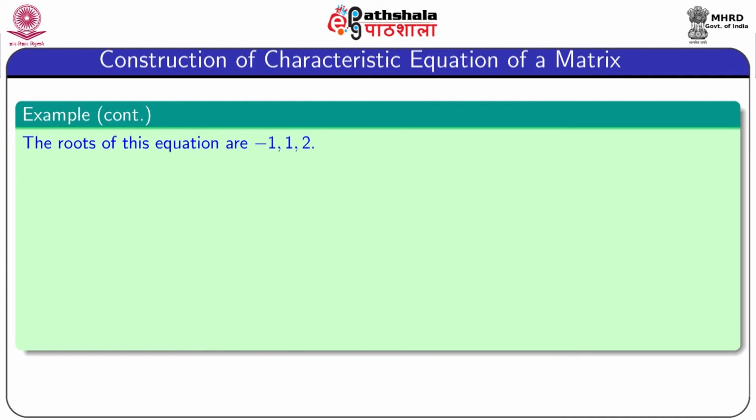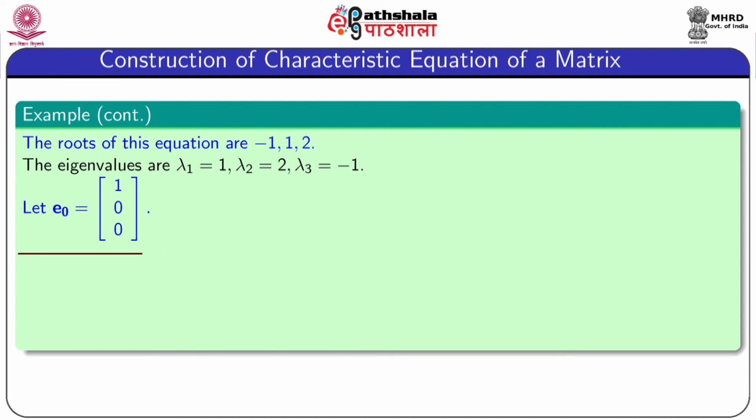And the roots of this equation are minus 1, 1, 2. Therefore, the eigenvalues of the given matrix are lambda 1 equals 1, lambda 2 equals 2, lambda 3 equals minus 1.